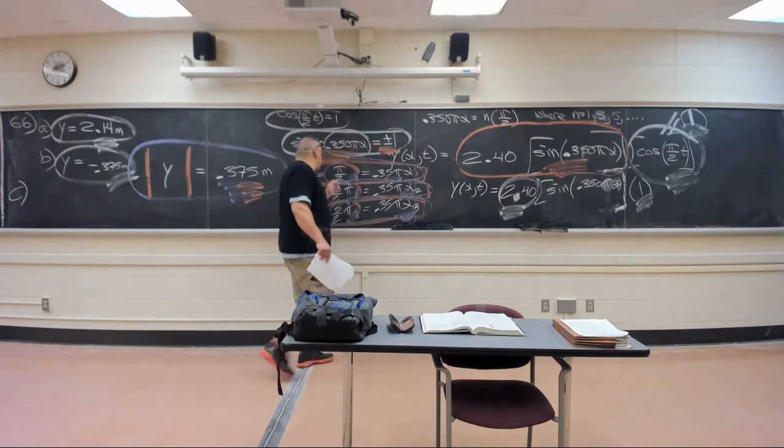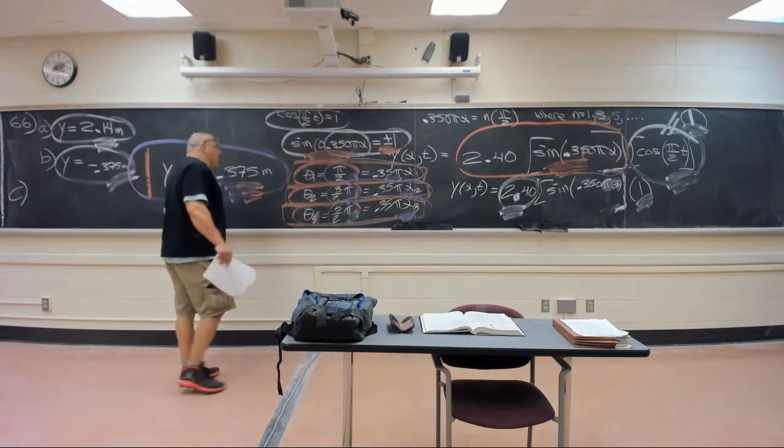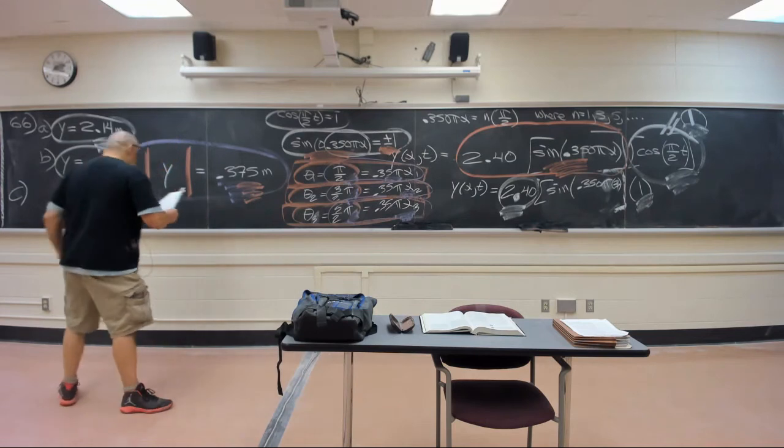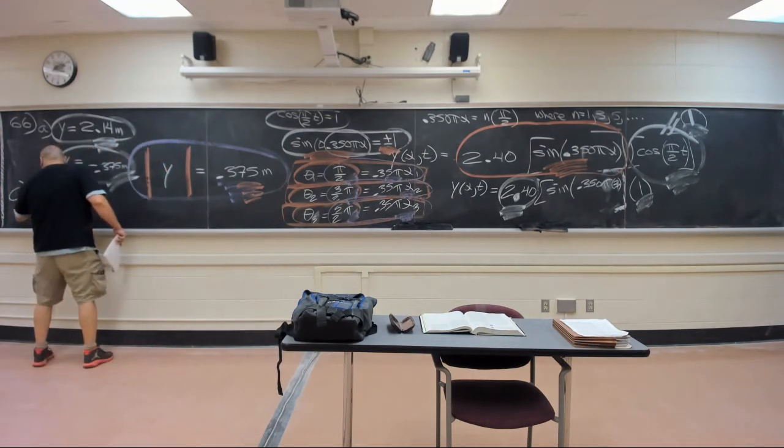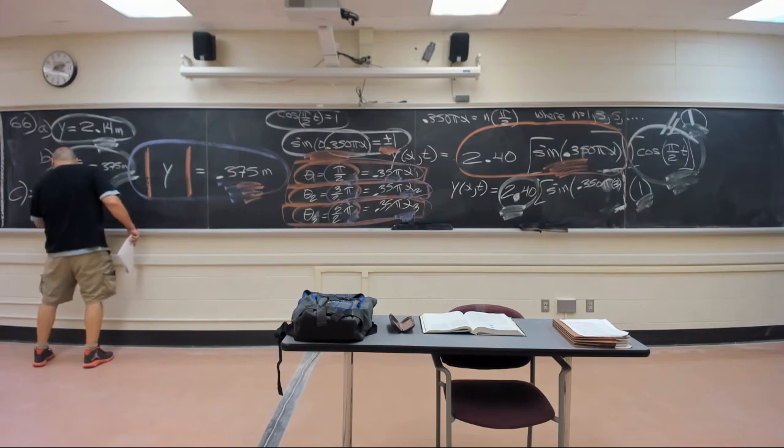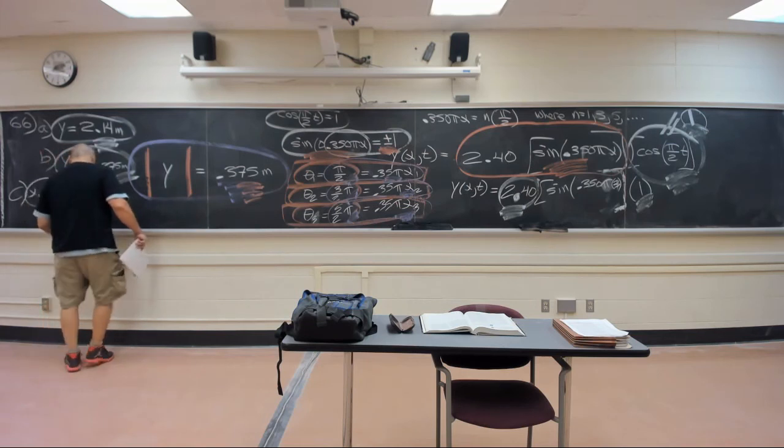The pi's cancel, and this is 1 over 0.7, and we'll cross that bridge in a little bit.